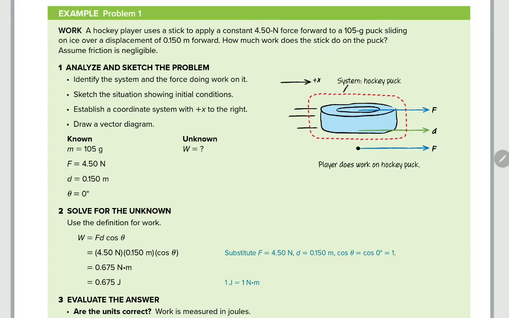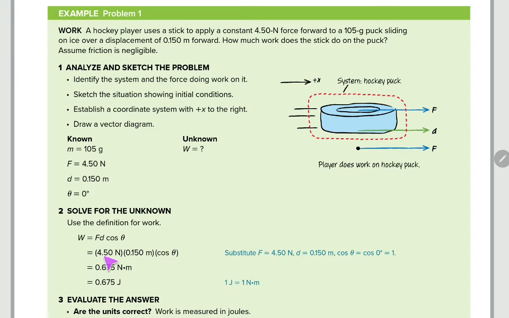Now we will write the sketch for this question to know the angle. Because the force and the displacement are in the same direction, the angle will be 0. Theta will equal 0. And we need to calculate W, which is the work. We have a law which is W equals F d cosine theta.